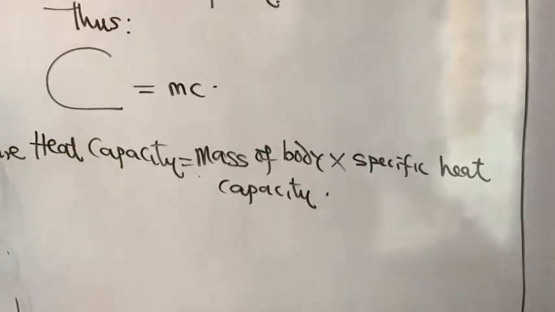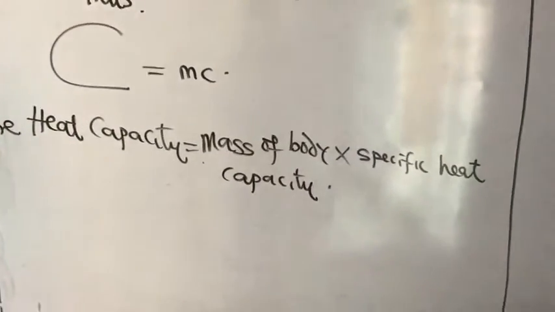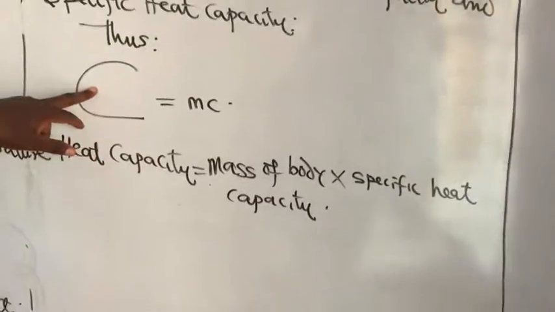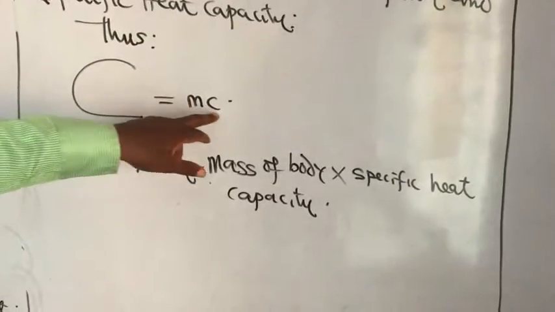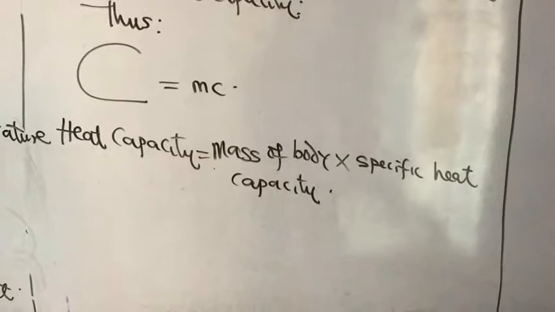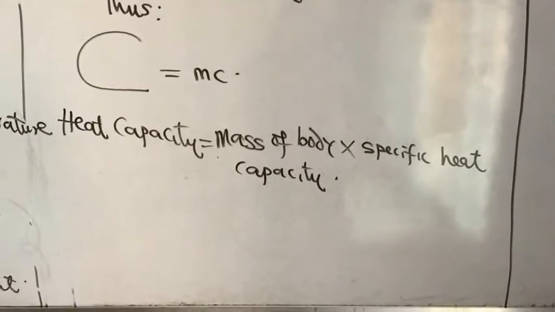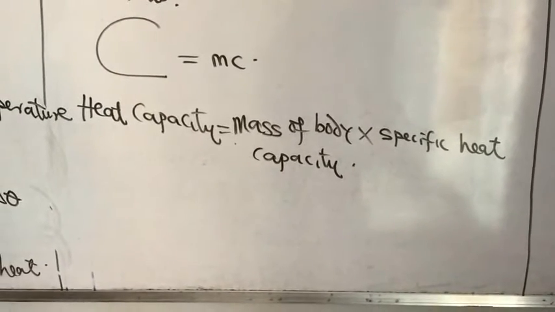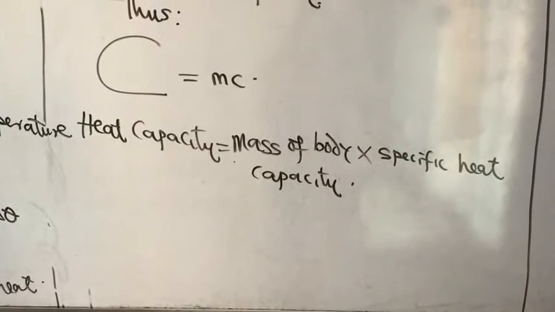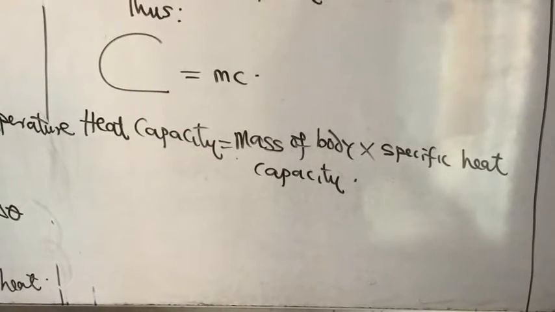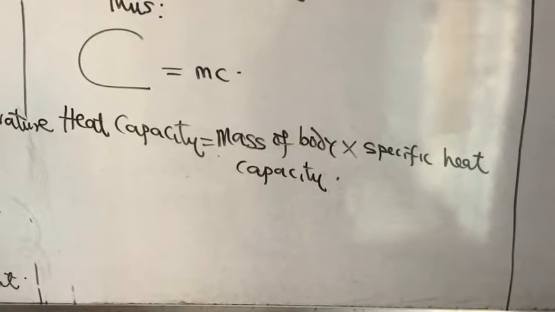So that's the relationship between them. We normally use capital C to represent heat capacity, while we use small c to represent specific heat capacity. Of course, the m there is the mass of the body.